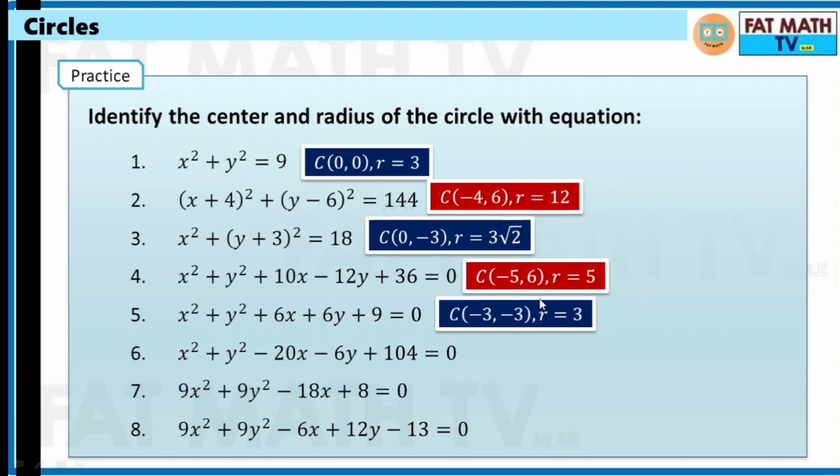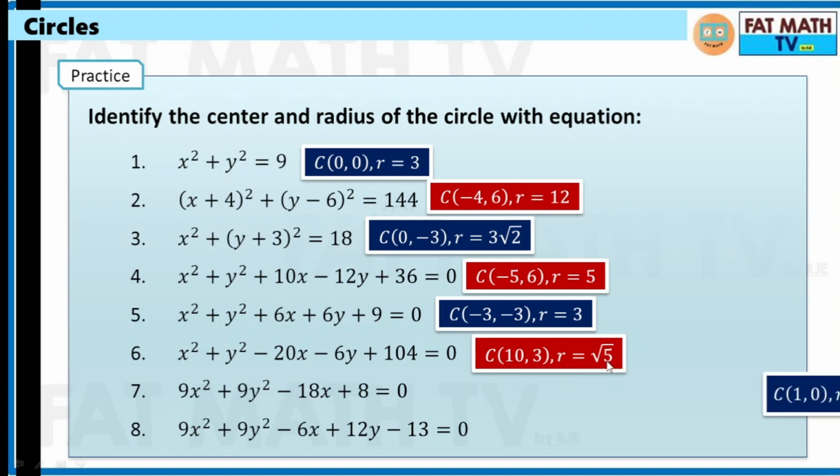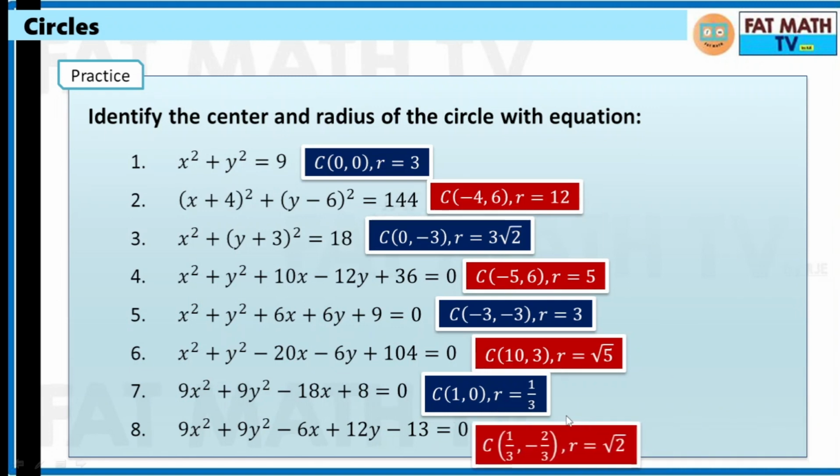Number 5, center negative 3, radius is 3. Number 6, center 10, 3, radius square root of 5. Number 7, center 1, 0, radius 1/3. And lastly, number 8, center 1/3, negative 2/3, radius square root of 2.